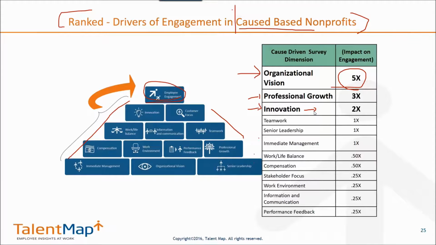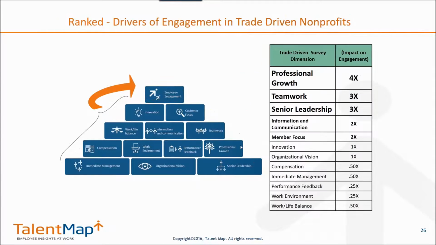But innovation is actually a message to the leadership team around getting organized, around how these organizations do a good job of holding on to people and really providing them the tools to do good work. What we find in cause-driven organizations is that their management levels and levels of tools and sophistication are not quite as sophisticated as they should be or could be. As a result, innovation, how they do their work, becomes a real big issue for a lot of employees. So those are the top three in cause-based.